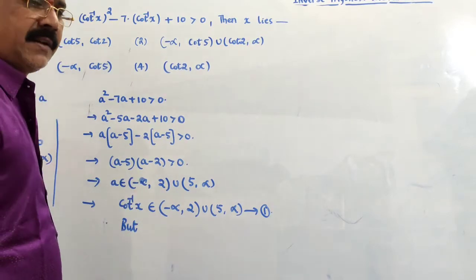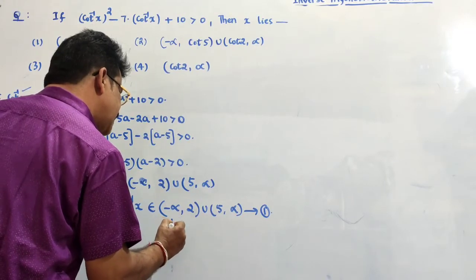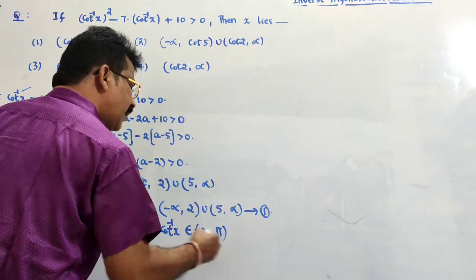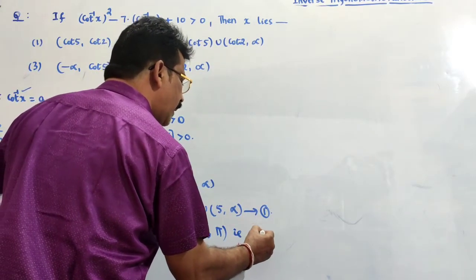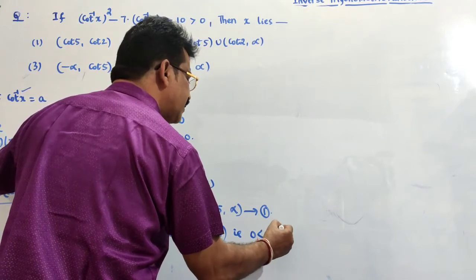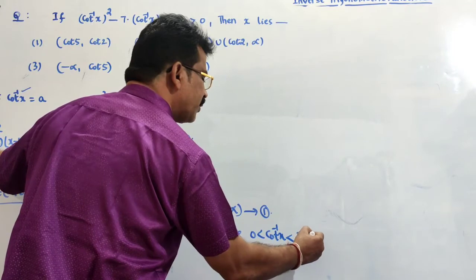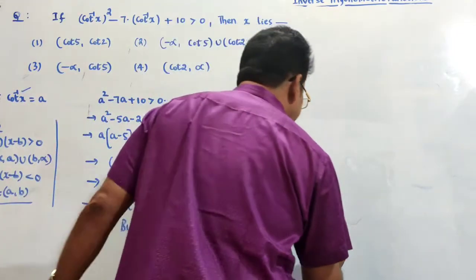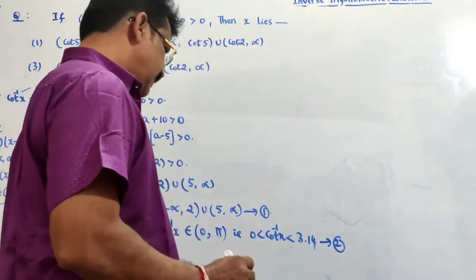I already said in the synopsis, cot inverse x belongs to the open interval 0 comma pi. That is, 0 is less than cot inverse of x, which is less than pi, approximately 3.14. Let it be equation 2.